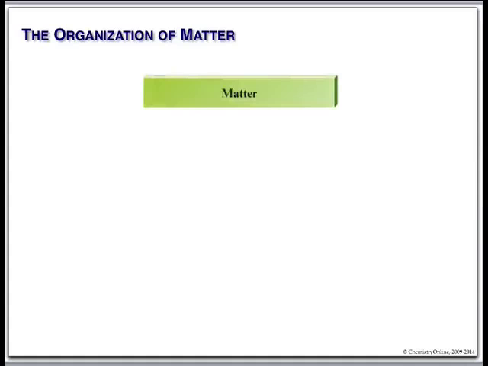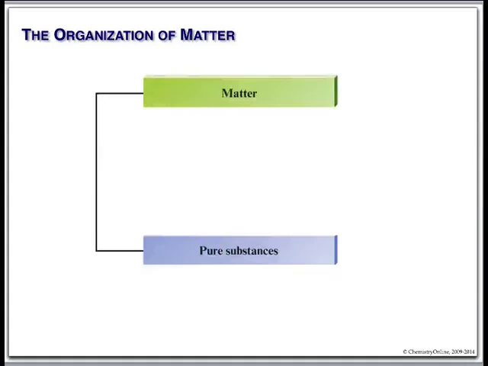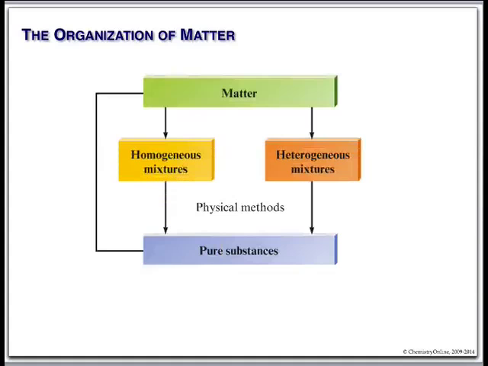If we take pure substances and mix them together, we can get mixtures. And they can either be heterogeneous or homogeneous. You tell the difference because the sample you take here is always the same. The sample you take here is always different. But only by physical methods you can separate both of these back into pure substances.